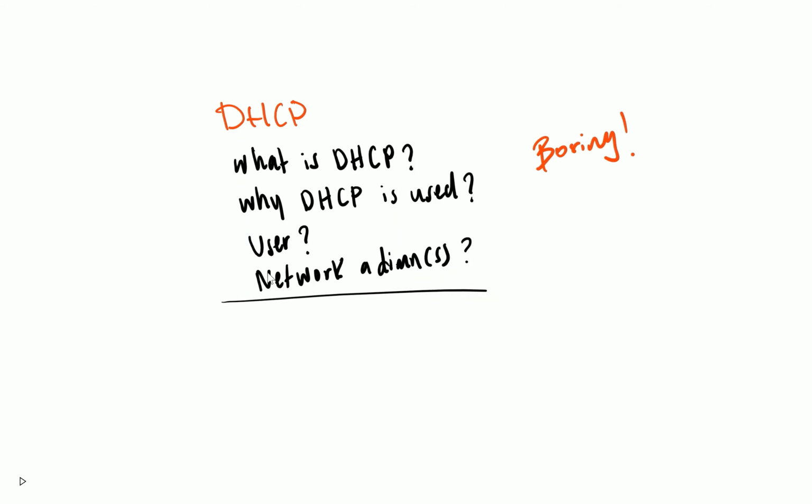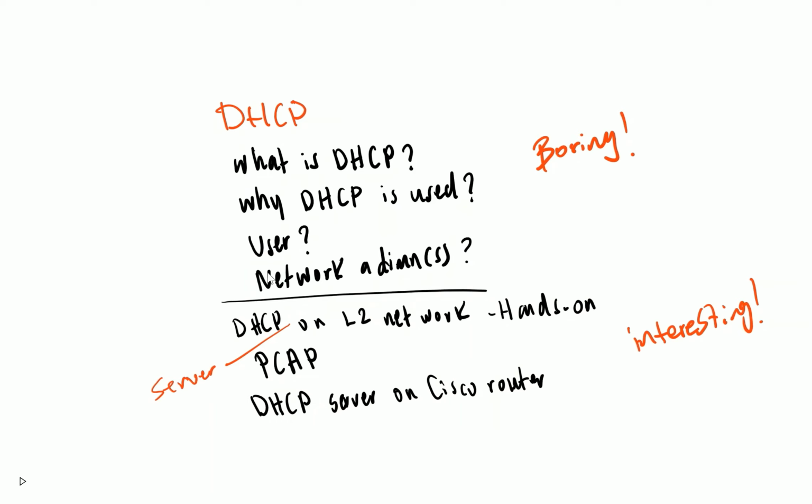While this might sound boring, we still will get into more details, like doing some hands-on and some packet capture, and if we have time left we will do that third part, which is configuring the DHCP server on a Cisco router. So please join me on this video.